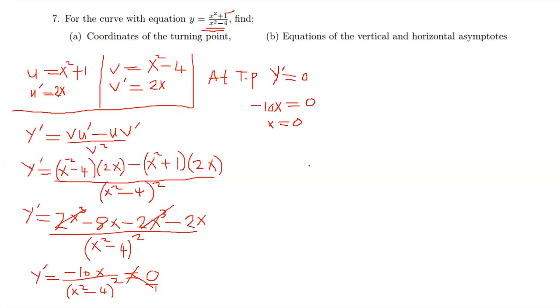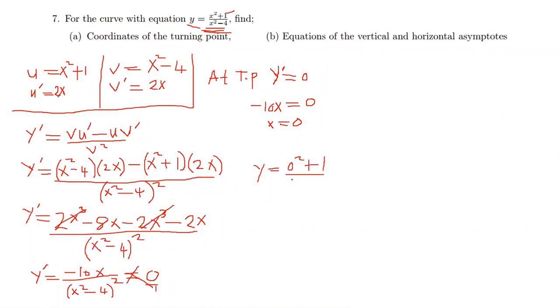So having found the value of x, we can now find the value of y at this same point. So how do you find the value of y? You just replace this x in this given formula there. So to find y, you put where there's x, you put 0. So we're going to have 0 squared plus 1.